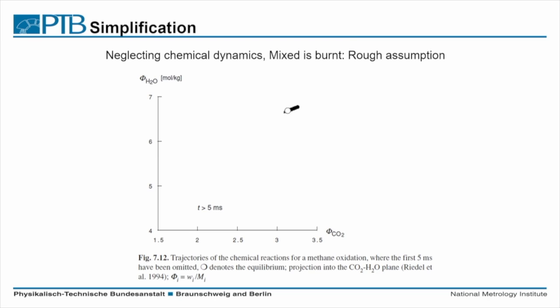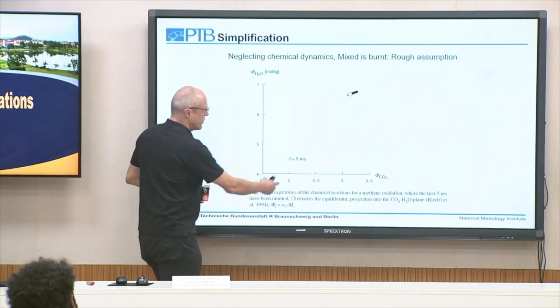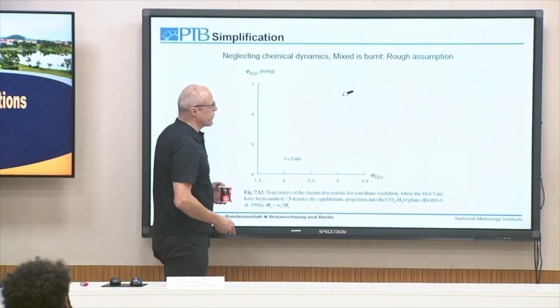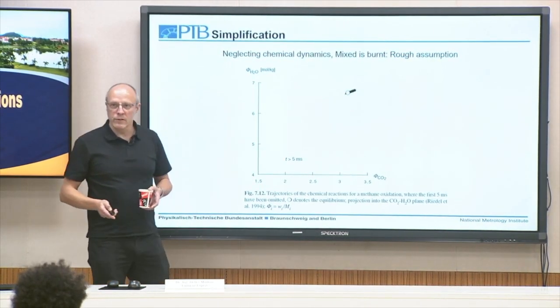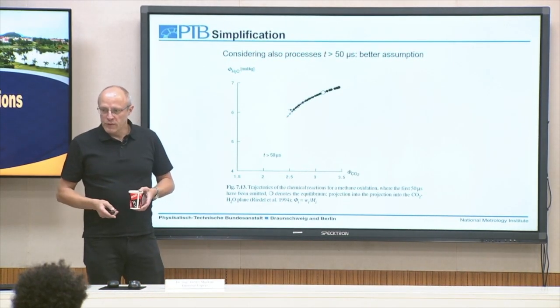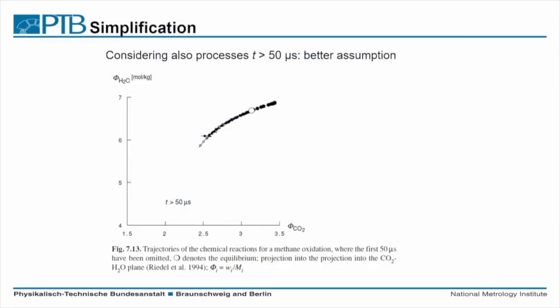only the very slow processes here. So with t larger than 5 milliseconds, but at the end we will also land here if we consider processes slower than 15 microseconds. So we also see a similar behavior.